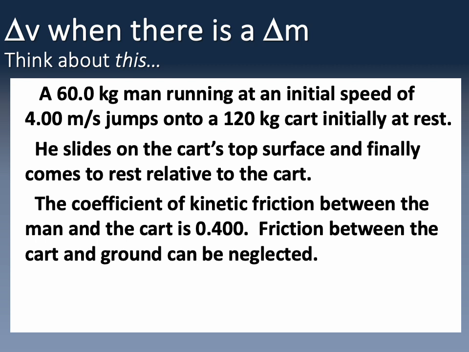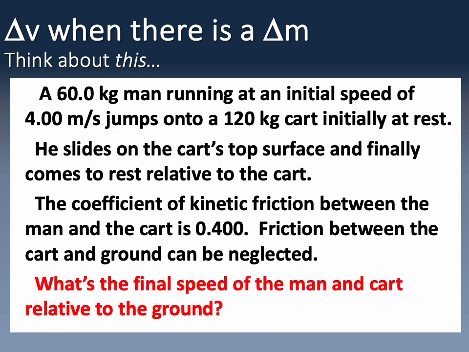There is a coefficient of friction between the human's shoes and the cart, and so it takes a little while to slide, but still eventually comes to rest relative to the cart. And we're looking at essentially no friction between the cart and the ground.